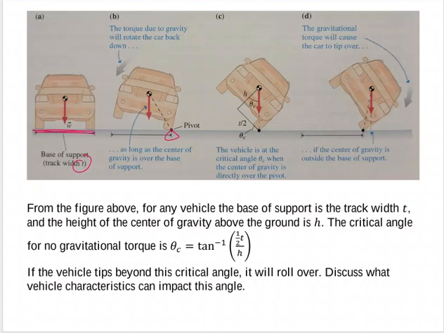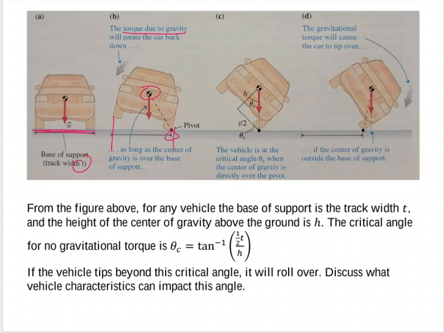As long as the center of gravity is over the base of support, which is still from here to here, the pivot, the object will fall back down to where it was before. The torque due to gravity is going to rotate the car back down to where it was in the first place.